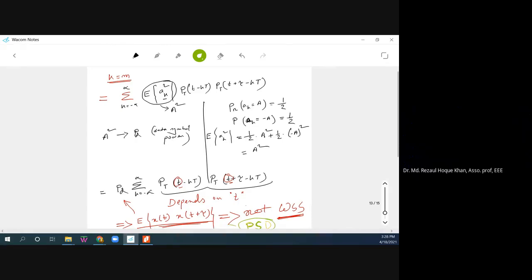If we have the autocorrelation, then we can have the power spectral density. But this is not wide sense stationary, so we cannot have a power spectral density, which means we cannot have the distribution of power over the spectrum that we intended before. So what to do? We do some tricks.